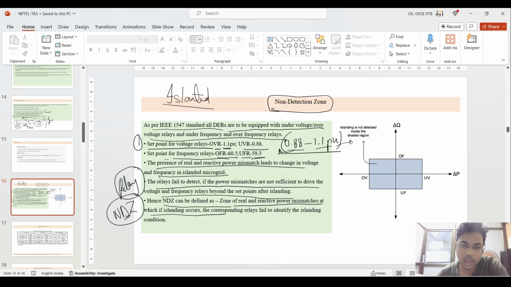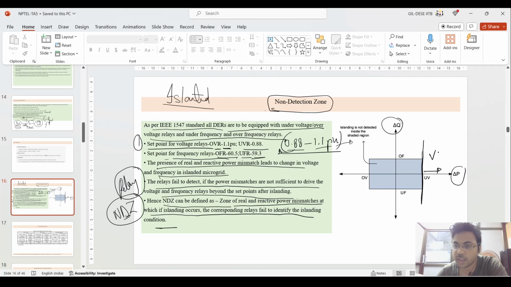Hence the NDZ can be defined as the zone of real and reactive power mismatches at which, if islanding occurs, the corresponding relay fails to identify the islanding situation. In the right side image, you can see the delta P and delta Q curve.